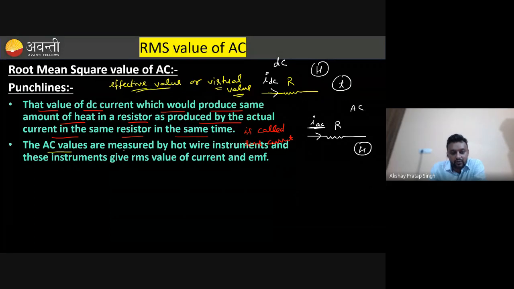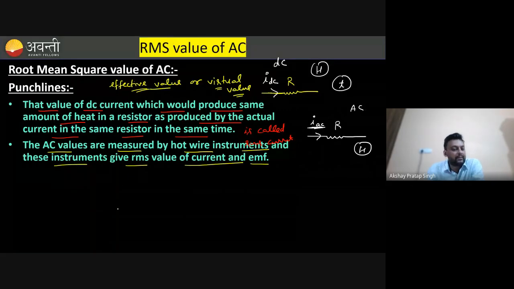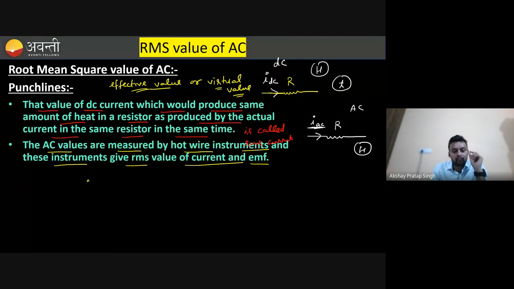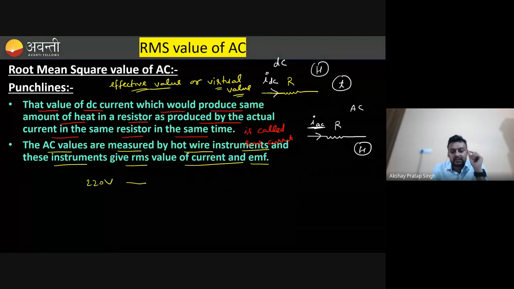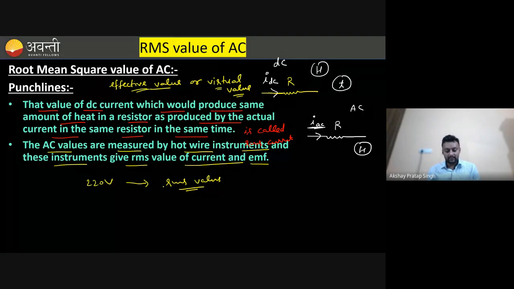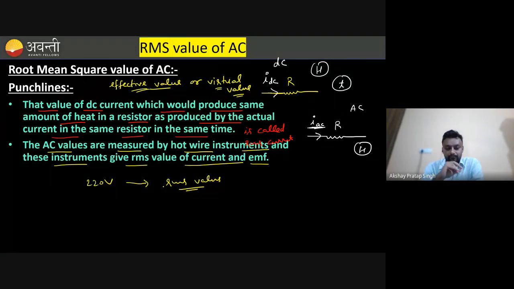The AC values are measured by hot wire instruments, and these instruments give the RMS value of current and EMF. So whenever somebody says a supply of 220 volt, this is going to be the RMS value. If not specified, then every time a supply is given, it is going to be your RMS value, whenever they are talking about ACs. Clear?